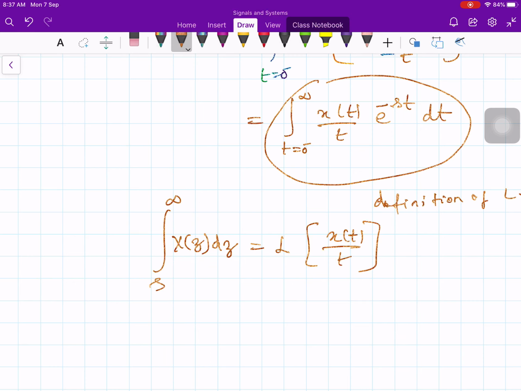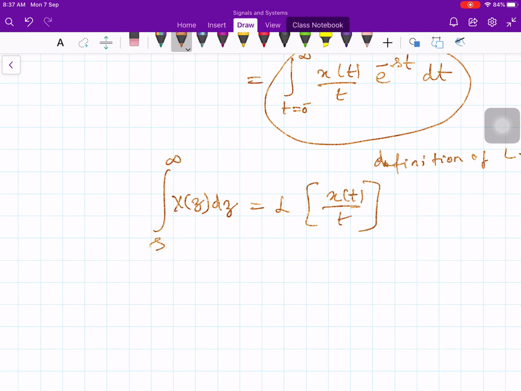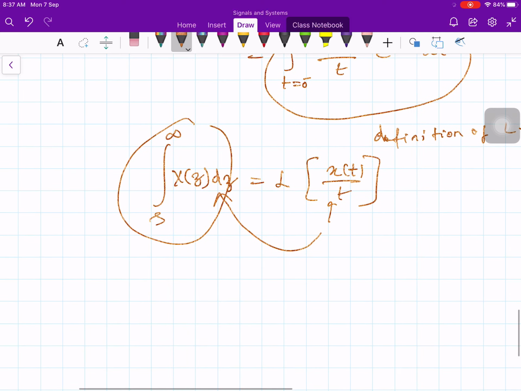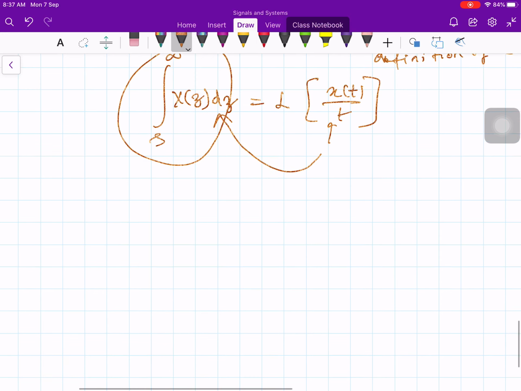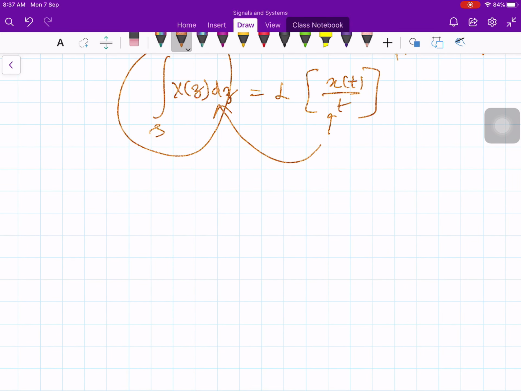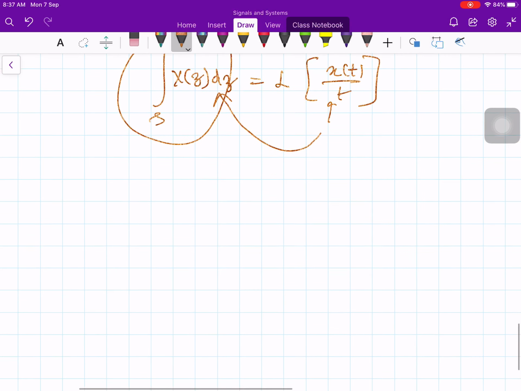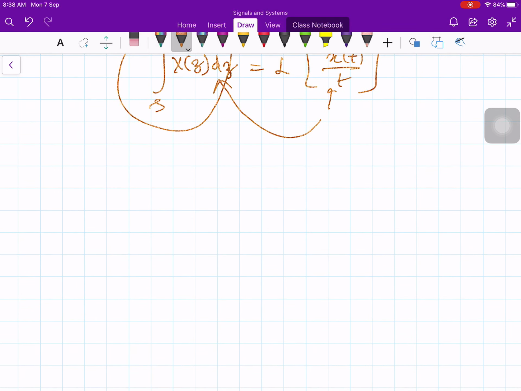So division by t in the time domain corresponds to integration in the frequency domain, just like integration in the time domain corresponds to division by s in the frequency domain. As I mentioned at the beginning of this lecture, this rule is not particularly useful to us in our application to systems and networks, so we will not discuss it further. We will just record this as a dual rule to the rule for integration in the time domain.